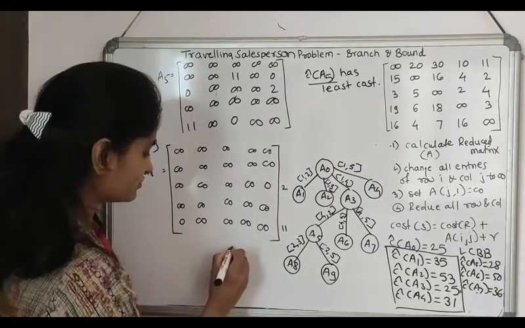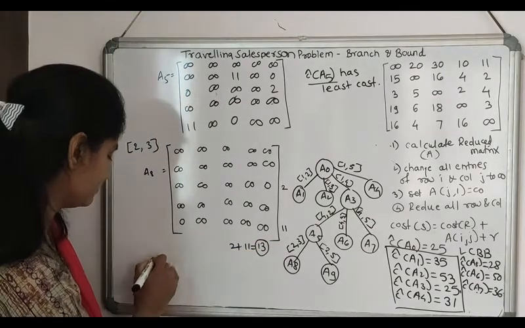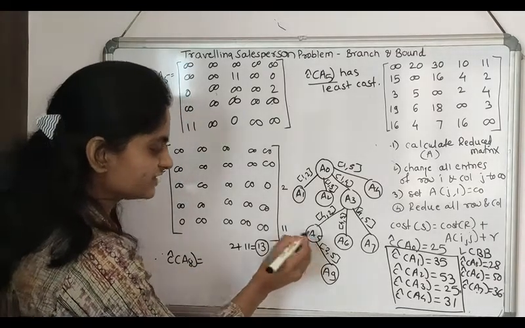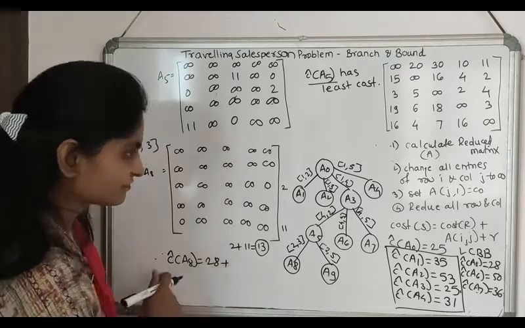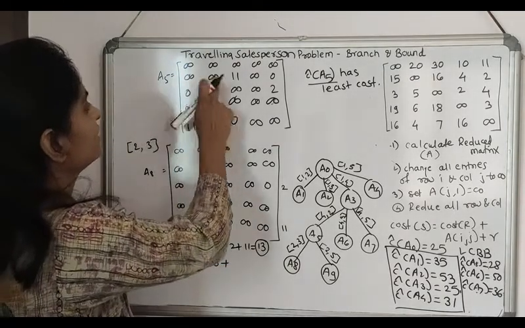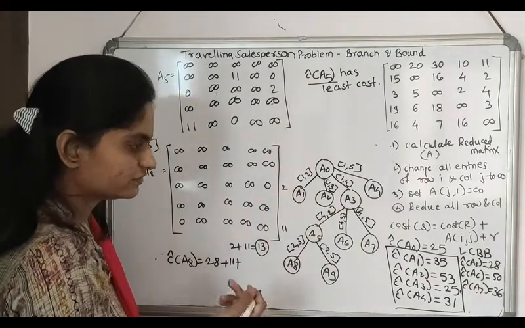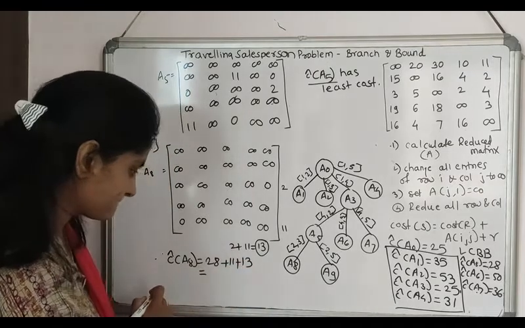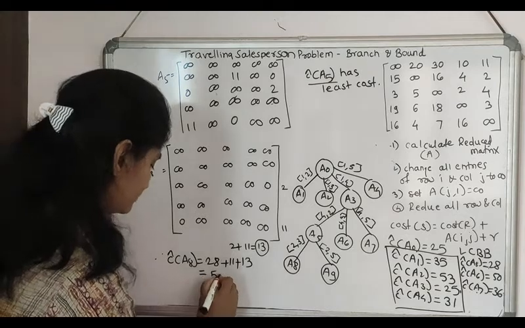The reduced cost is 2 plus 11, which is 13. Therefore, the cost of A8 is equal to the cost of A5, that is 28, plus the cost of ij, that is 2 to 3, second row and third column, which is 11, plus the reduced cost 13, which is equal to 52.